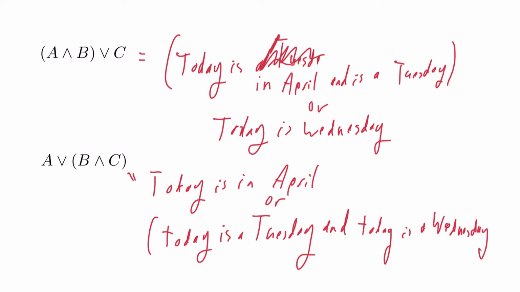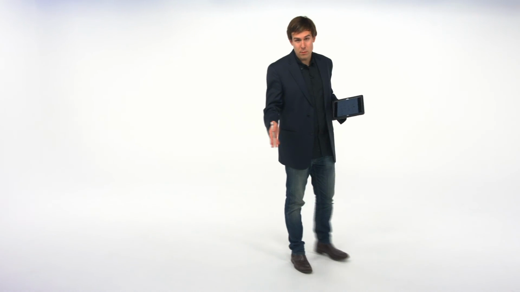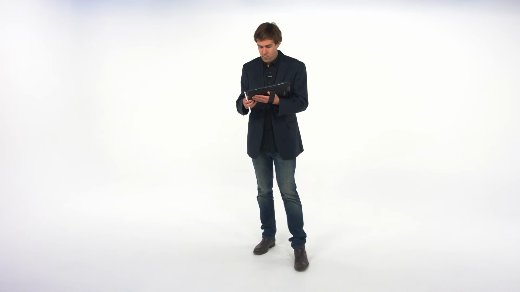Now, if we were asked what is the sense in this statement, we would say, well, the second part's a little weird, because the second possibility is today is a Tuesday and a Wednesday, which isn't possible. So the overall statement, which is today is in April or today is Tuesday and Wednesday, really is equivalent to today is in April, because it's not possible for it to be both Tuesday and Wednesday.